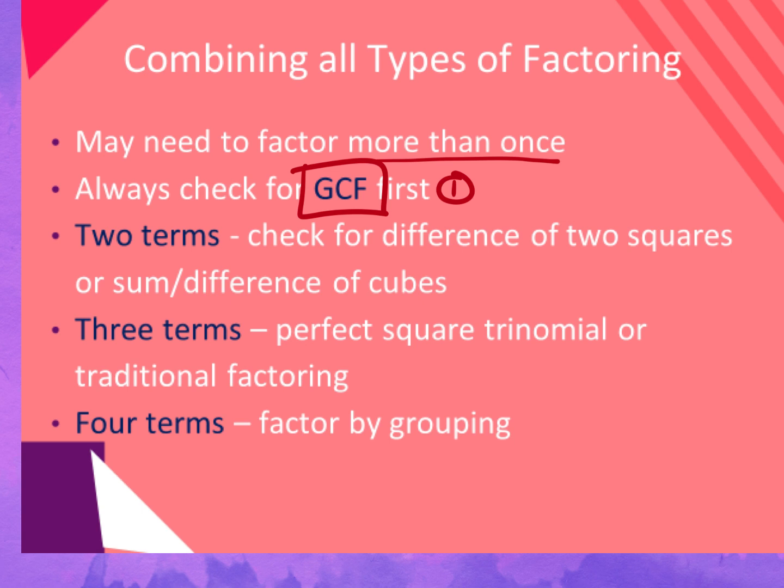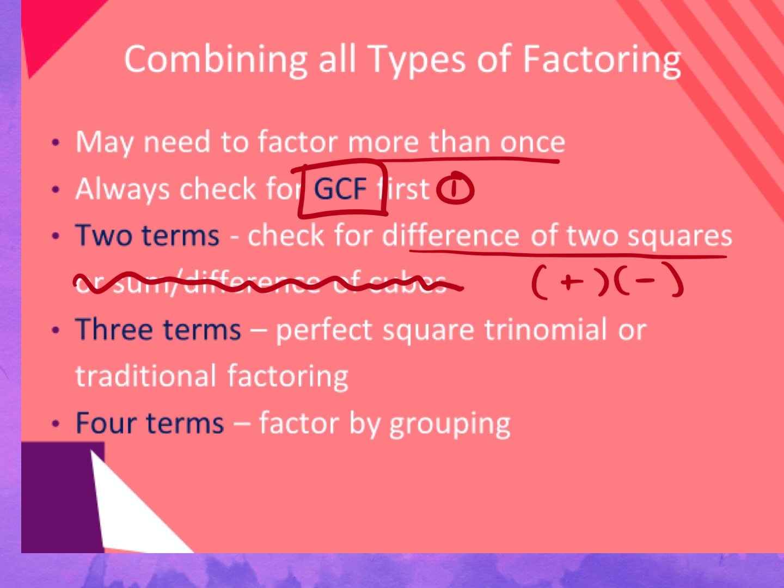If we have 2 terms, check to see if they are the difference of squares. This says sum or difference of cubes, but we're not going to do that now. So check to see if they're the difference of 2 squares. If we have the difference of 2 squares, it factors into 2 parentheses. One has a plus, the other one has a minus.